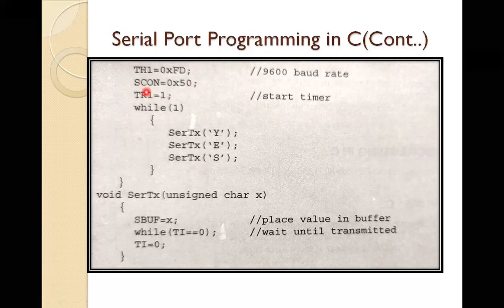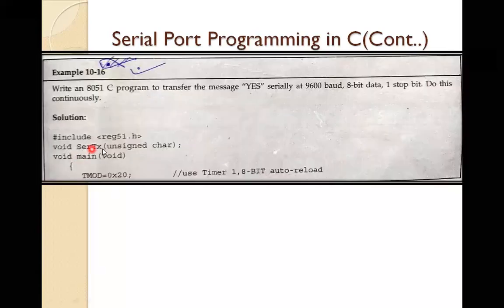Start the timer, same. Then as it is continuous, use a while loop, while 1. This 1 means it is continuous. Then in this while loop, this is our globally defined subroutine function. Here we use SERTX, serial transmit, and the character we are using is unsigned char. Why unsigned char?